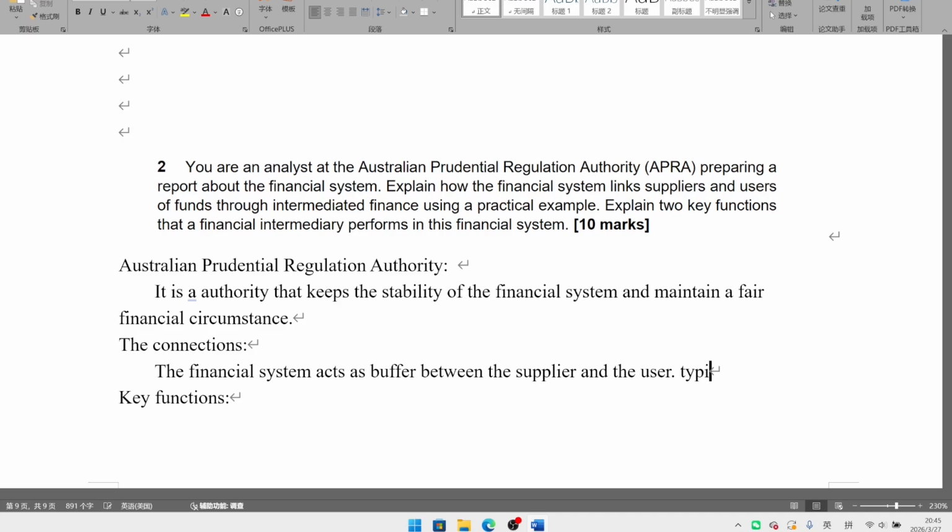Typical intermediaries are commercial banks and investment banks.